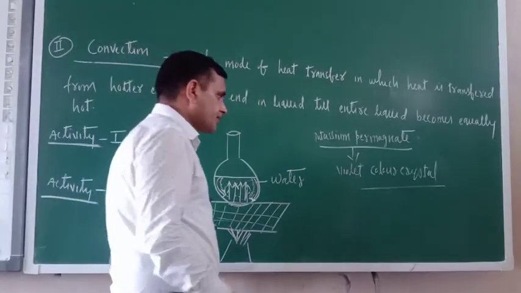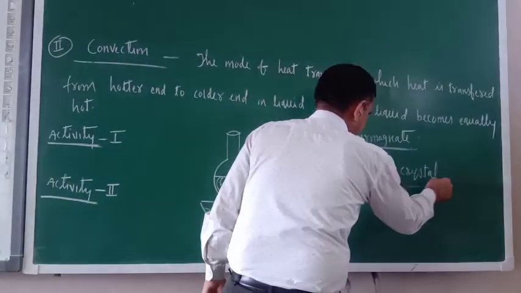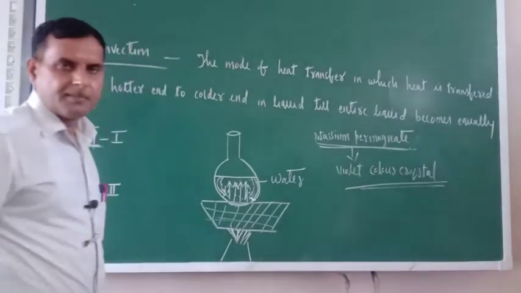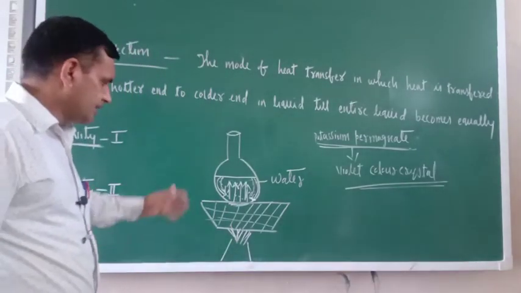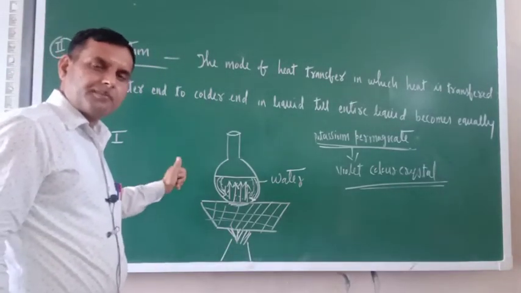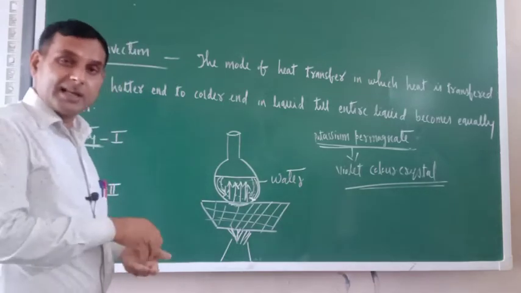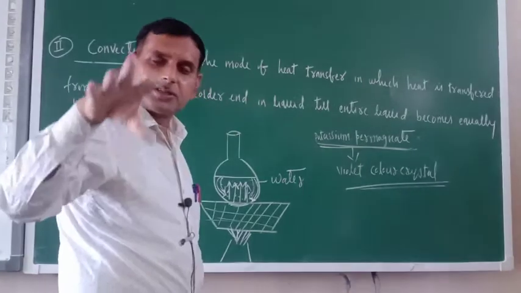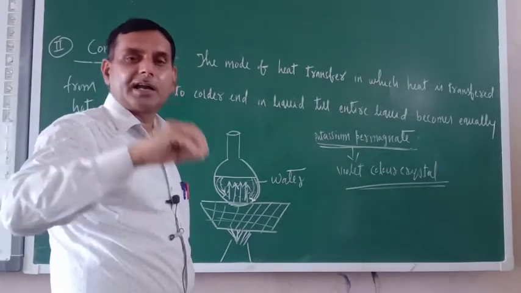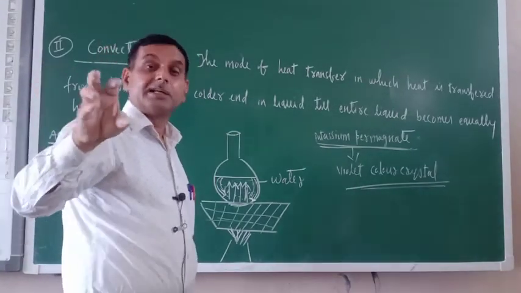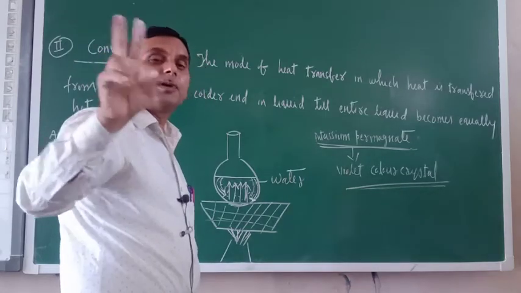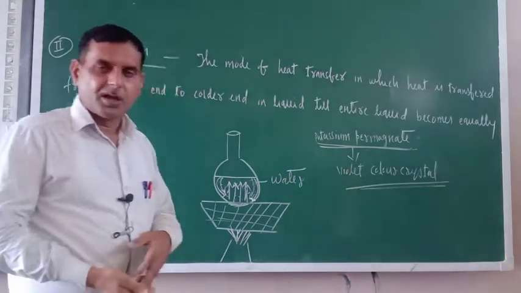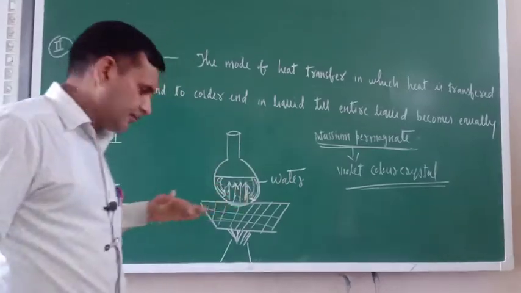So this potassium permanganate addition is a must. So what does it prove? It proves that in liquid also, heat always transfers from the hotter end to the colder end till the entire liquid becomes equally hot.